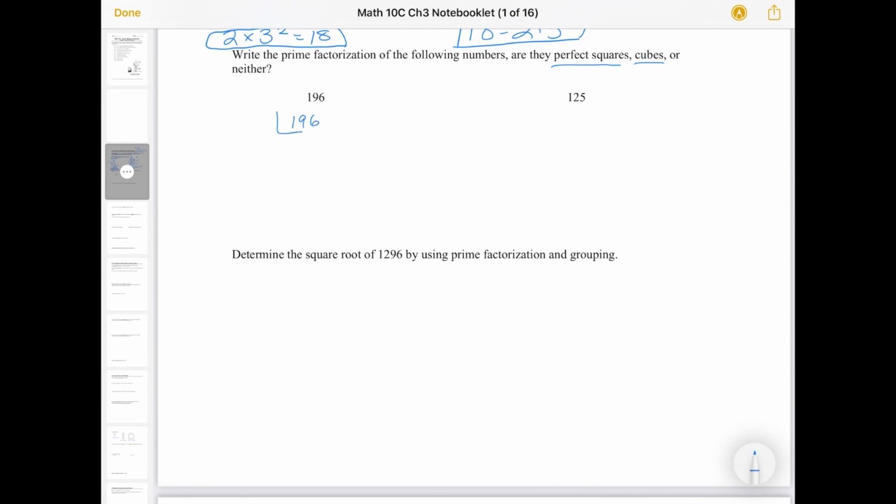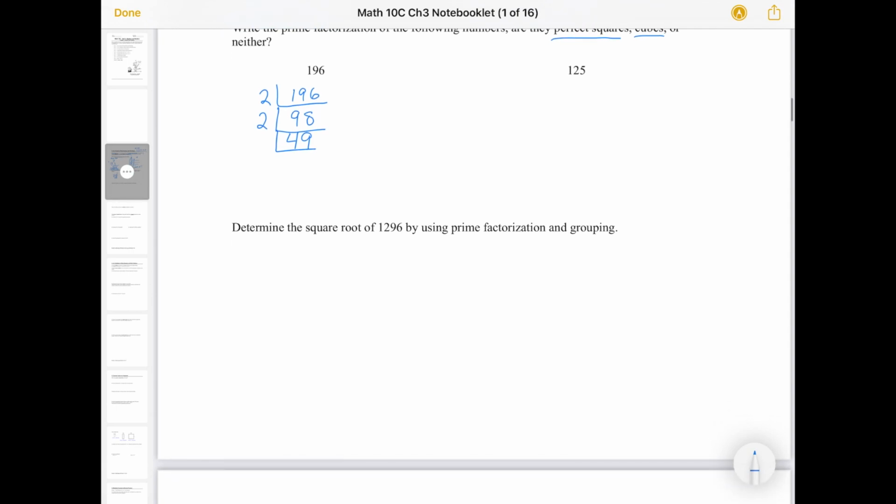Well, 196 is an even number, so I can divide it by 2. In my calculator, 196 divided by 2 should give me 98. Well, 98 is again an even number, so I divide by 2 again, and I get 49.